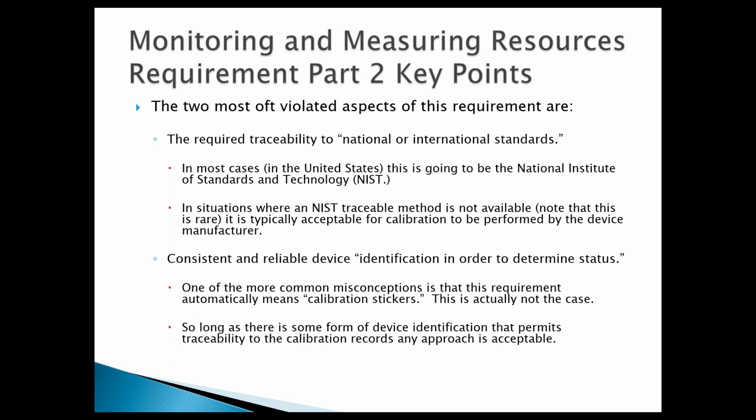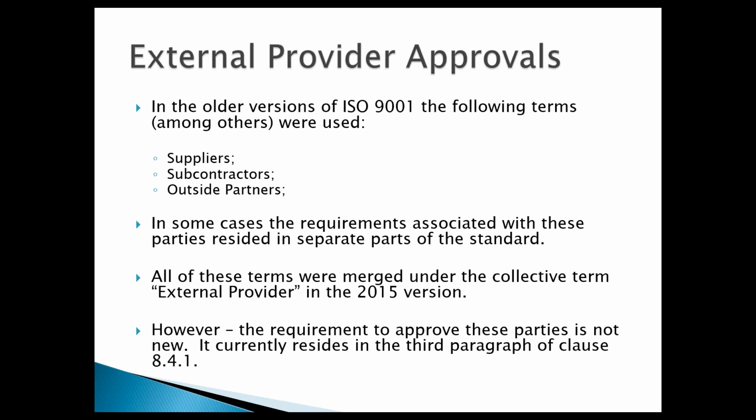Calibration stickers are great, but they're not mandatory. What's required is that the device have some form of identification in order to determine the calibration status. Now, what that identification is, what it consists of, that can vary, and it's at your discretion as an organization.